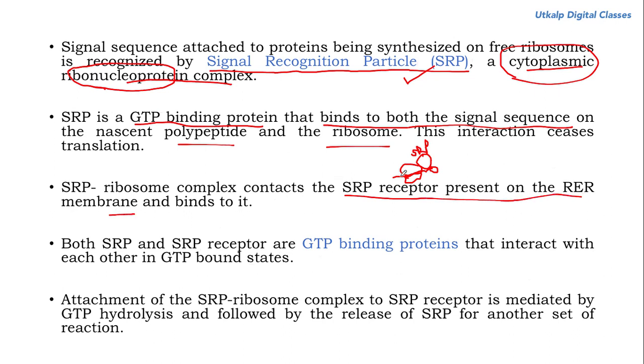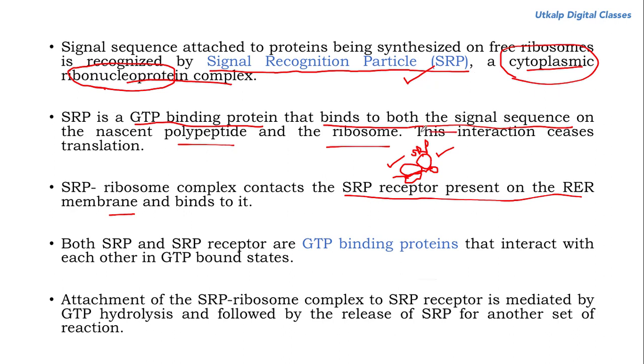So what happens is, first you only have the ribosome and the polypeptide. Then a cytoplasmic ribonucleoprotein complex, which is the signal recognition particle or the SRP, comes and binds to the ribosome polypeptide complex.